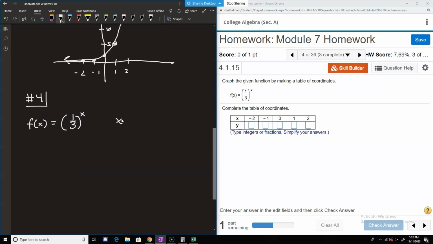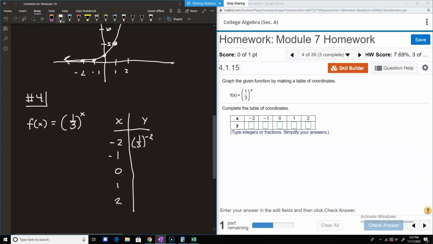So again, we want to do an x and a y, and fill these things in. So we have -2, -1, 0, 1, and 2. Okay, so what do you think the value of 1/3 to the -2 is? You would do the reciprocal, which means flip the fraction over, and then apply the exponent.